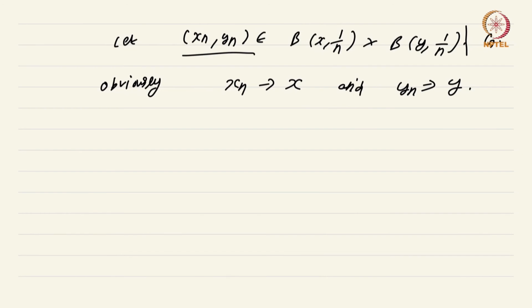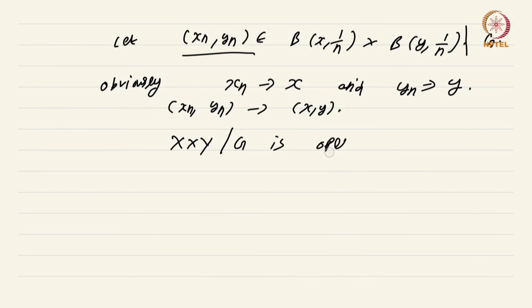Okay, now our hypothesis says (x_n, y_n) must converge to (x, y). Right? Whenever you have components converging, then the product sequence must also converge. Okay, but X cross Y set minus G is closed because G is assumed to be open.